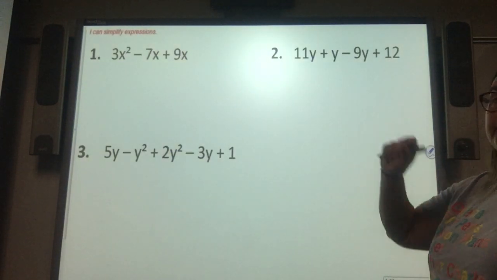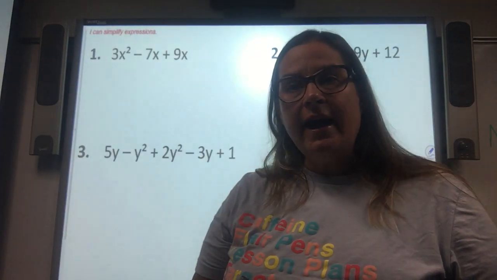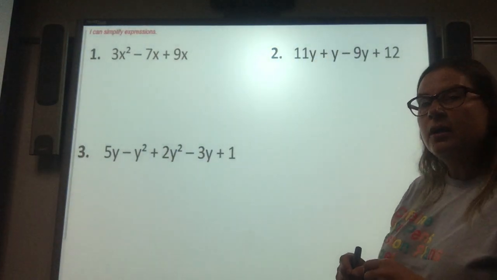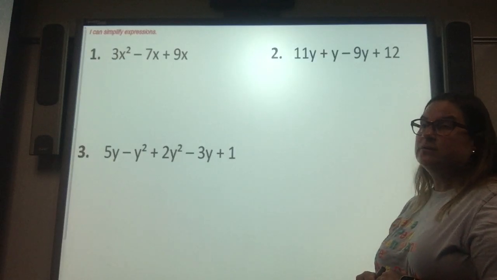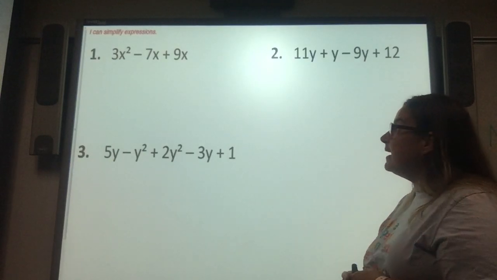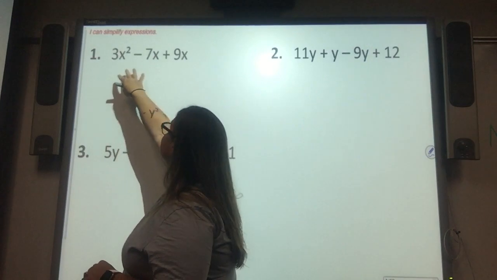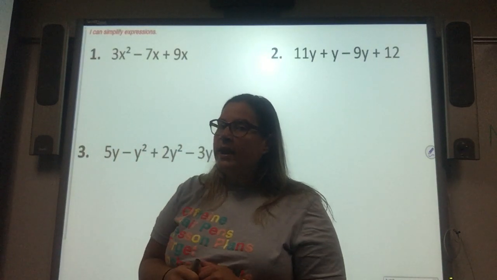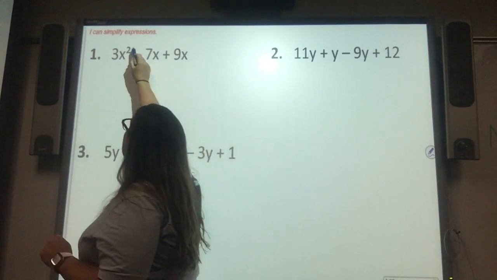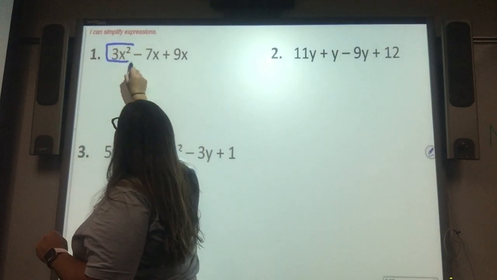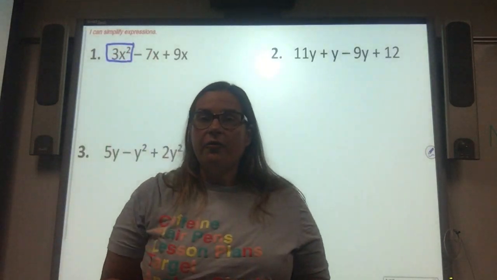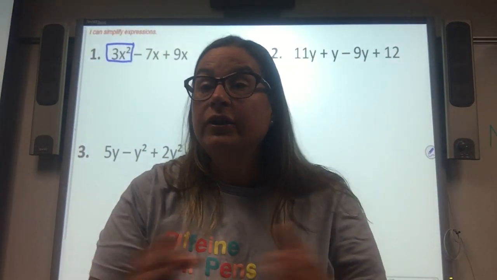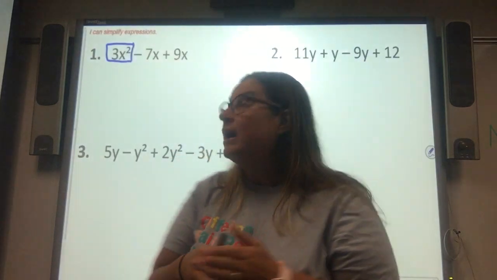Take a look up here. We said on the last slide that like terms have to have the same power and the same exponent, or same power and same base. So when I look here, I see all x's. Not all of them are like terms though. So 3x squared is going to be by itself because it's the only one with a squared. The other two, we're going to combine together.